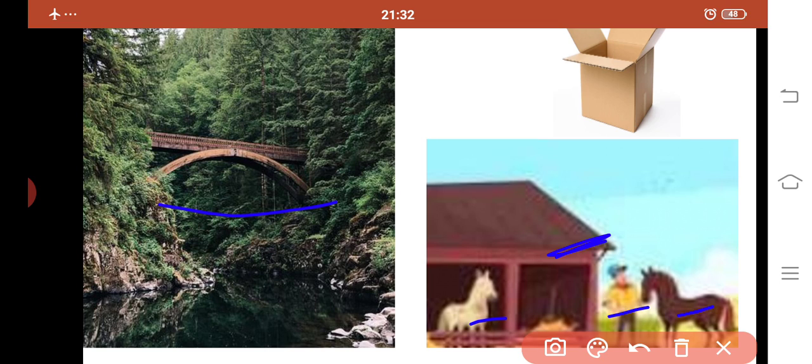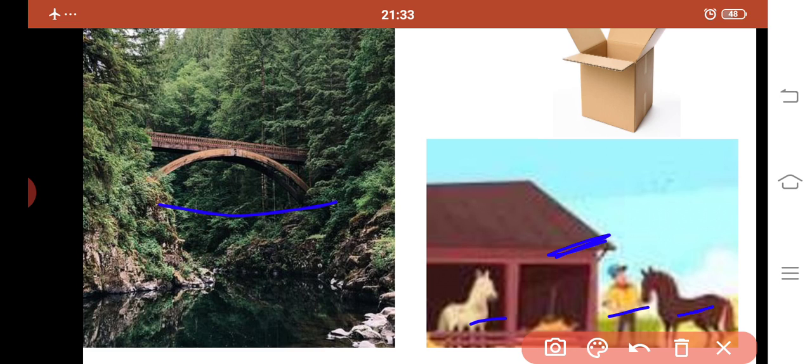Noun is a naming word: name of a place, name of a person, name of an animal. These are called nouns. Here the bridge, box, stable, horse, man, these are all nouns.